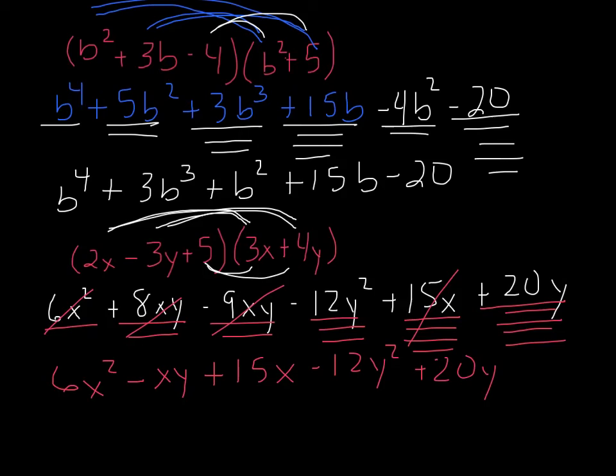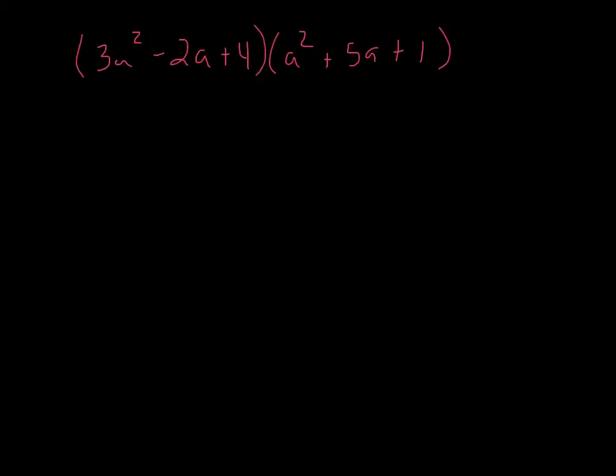Alright, let's look at the last one. So lots of distributing on this one. First one, 3a squared and a squared will give you 3a to the fourth. 3a squared and 5a will give you plus 15a to the third. And the last one, 3a squared and 1 times 1 will give you plus 3a squared.